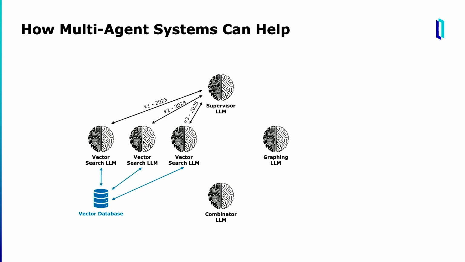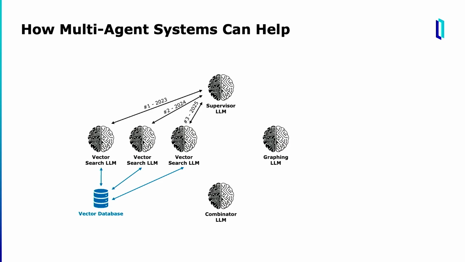The supervisor will delegate those first 3 tasks to our vector search agents. These vector search agents are aware that the vector database exists, and their sole job is to take the search parameters, run a search against the vector database, applying cosine similarity or what have you, take the results that are returned and give it back to the supervisor.